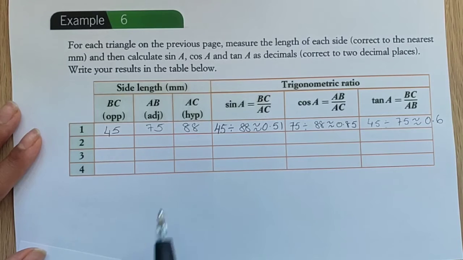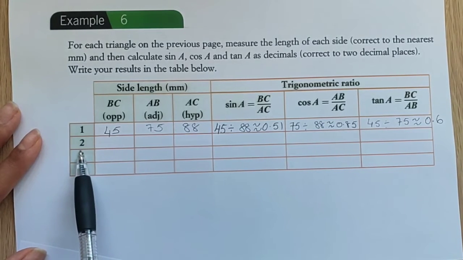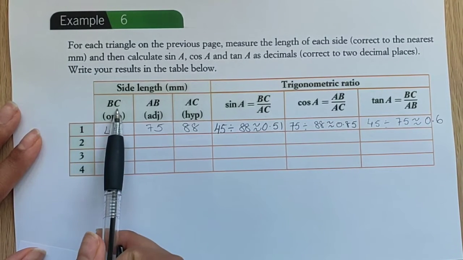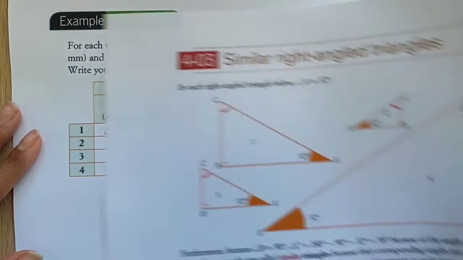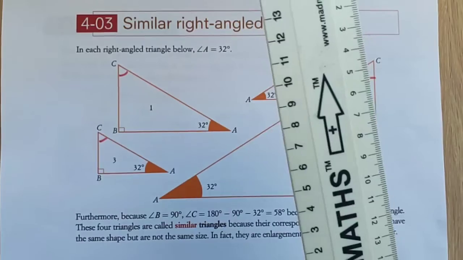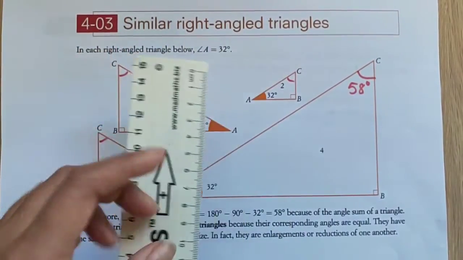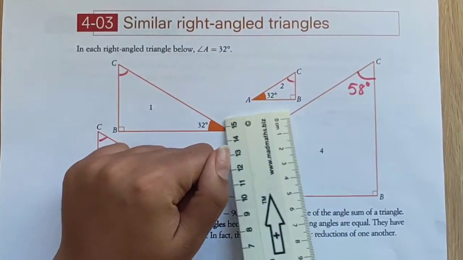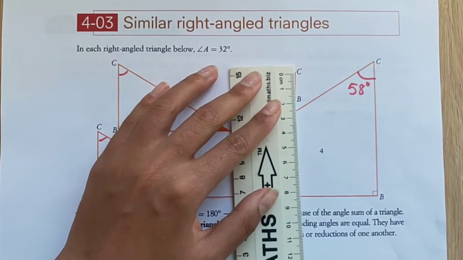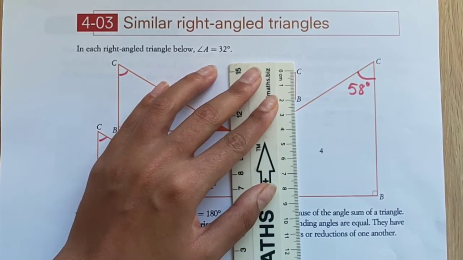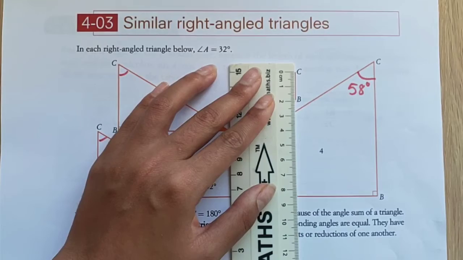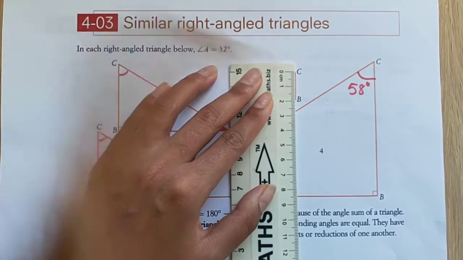Okay, I'll do the same for the next triangle. For triangle 2, I want to measure the length BC in terms of millimeter. Now I'll use my ruler to measure the length BC for the second right angle triangle, and that's approximately 2 centimeters.